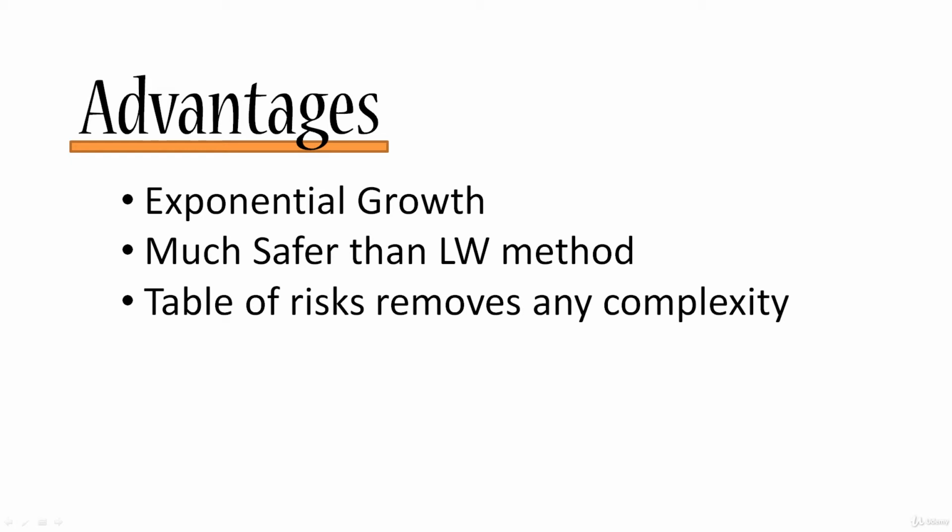This iterative process can be a bit tedious at times, but if you have the table of risks handy and you just populate the top row and let the rest get calculated automatically, it's very easy to track your progress and move on to the next step when the time comes. And once again, you can download the table of risks that I've prepared. In that lecture on the table of risks, it's in the supplementary materials. So if you haven't downloaded it yet, I highly recommend that because it is quite handy.